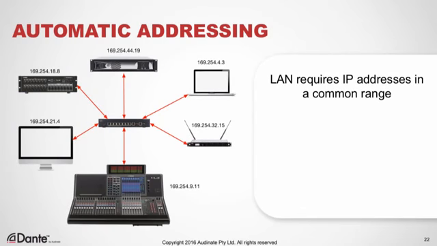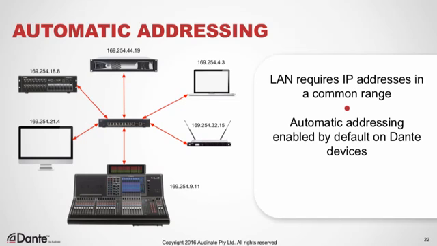Well, we've been talking about LANs and the fact that they need a common address range. Let's talk about how this gets done in real life. Because IP addresses are really important to a working network, Dante supports automatic addressing. When devices are connected together, Dante devices will self-assign addresses that create a working LAN with no conflicts.